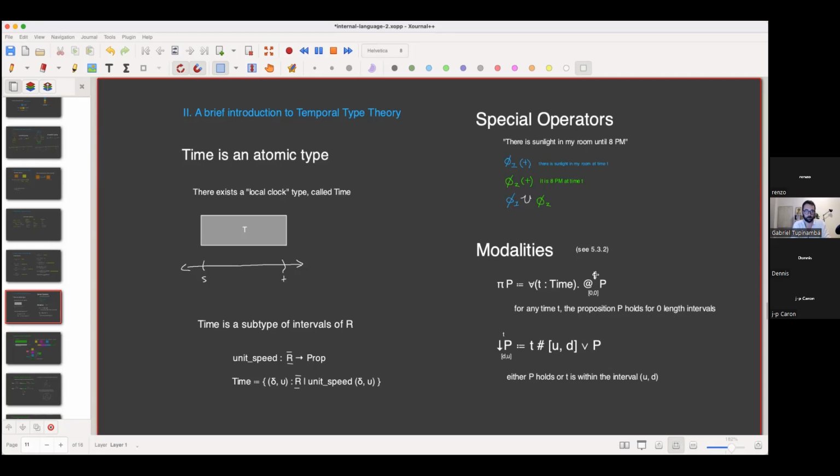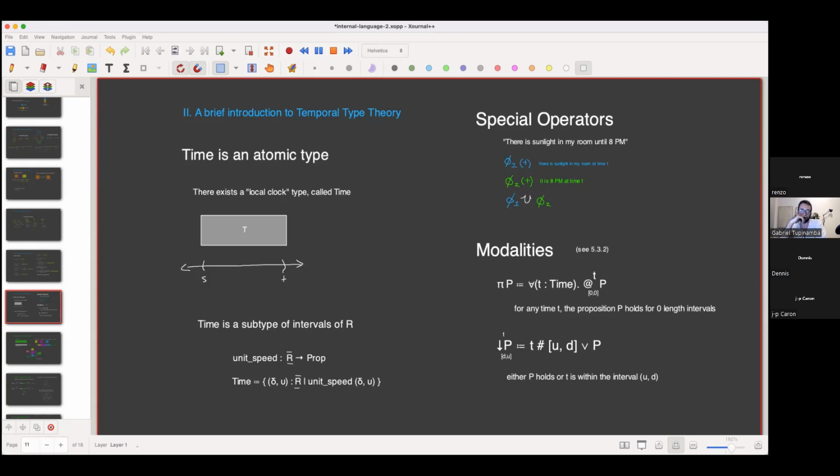So if your proposition is it is raining, then pi of P means that it is raining at every instant of time. That's trivially true, right? If it's raining for an hour, then if you choose any moment in that hour, it's trivially true that it's raining at that moment. But that's not necessarily true for other things, something which doesn't have a 0 length extension.